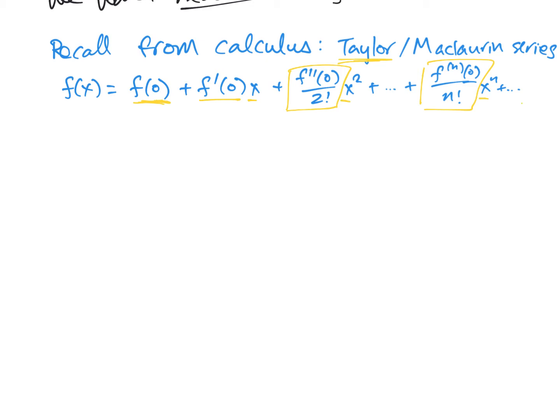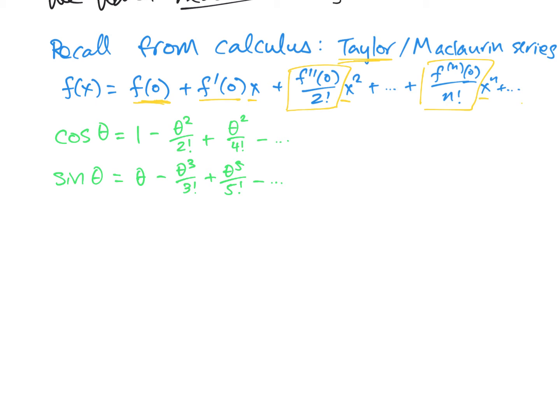Okay, a couple of really simple examples of that are sine and cosine. I'll write these out, and you can think about how you can confirm that that makes sense to you. For cosine, all of the odd terms drop out because when you take derivatives, the first derivative of cosine will be a sine, and when you plug in 0, it's 0.